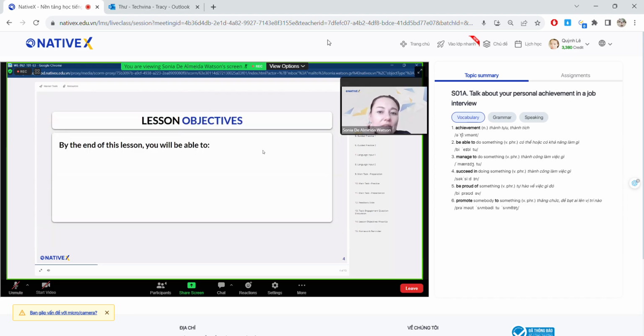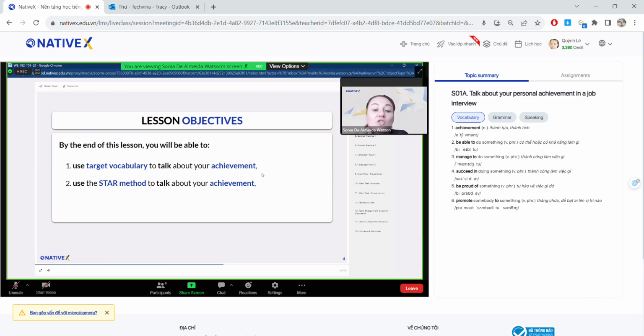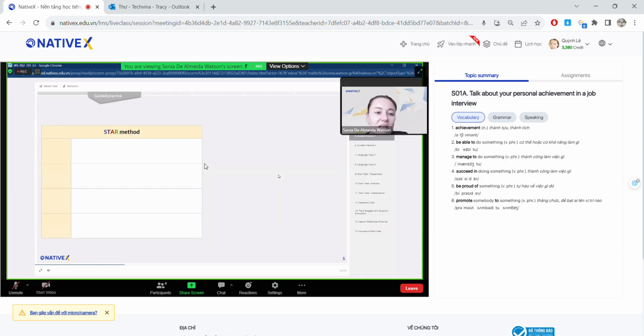Okay, let's have a look at our other lesson objectives for today. We're going to use our target vocabulary to talk about your achievement. Then we're going to use our STAR method to help us talk about our achievement, and then use linkers to link sentences when talking about it too. So first, let's get started and look at our STAR method.